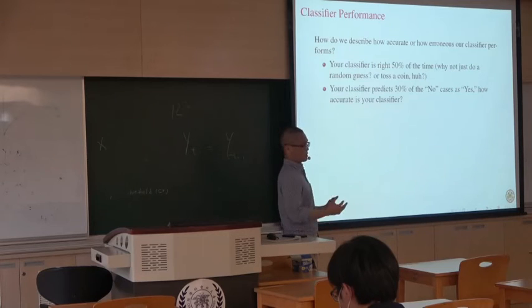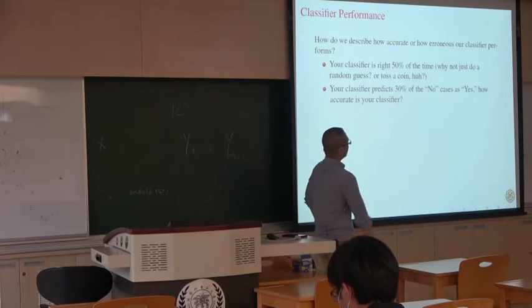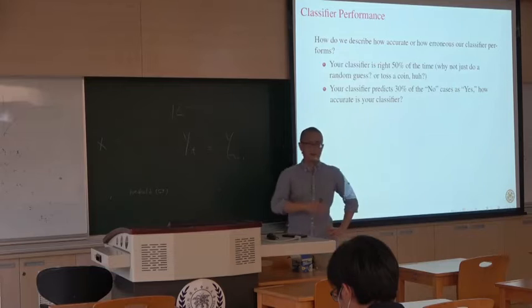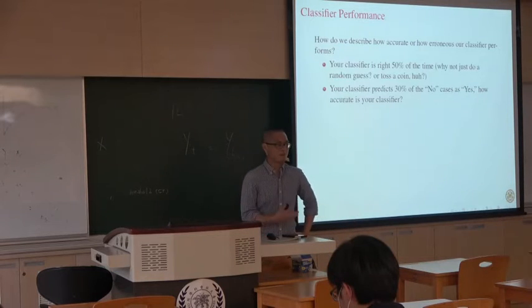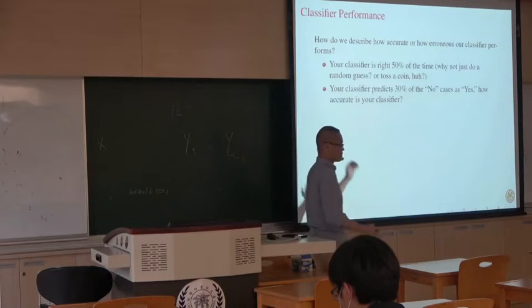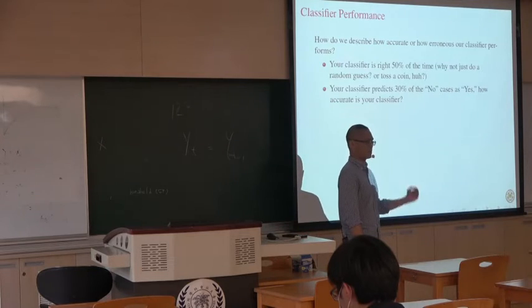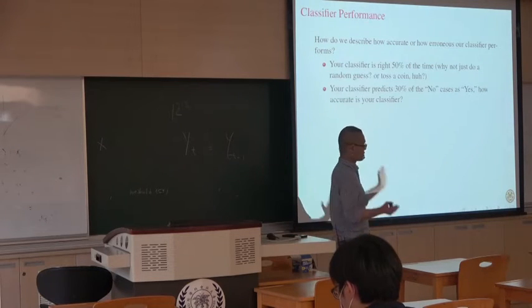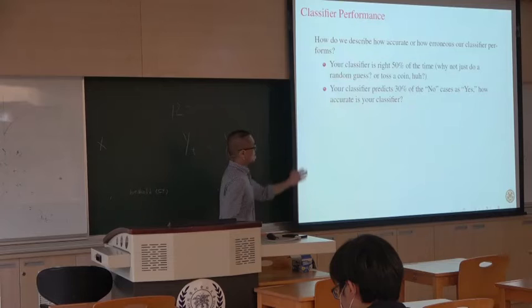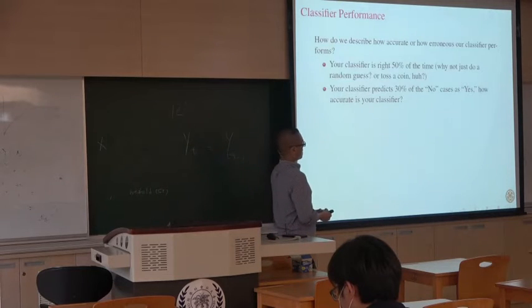So it could be a logit, a support vector machine, or a gradient boosting machine. It's right about 50% of the time, and then people will tell you it's not much better than a simple guess. We can say my classifier predicts 30% of the null as yes. So how should I describe the accuracy of my model?